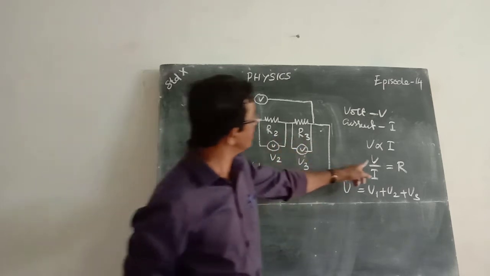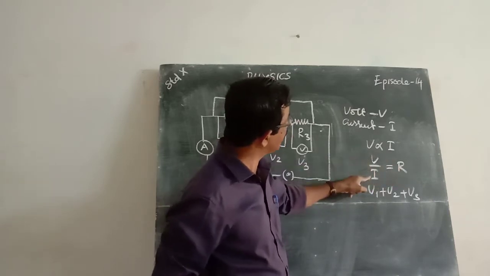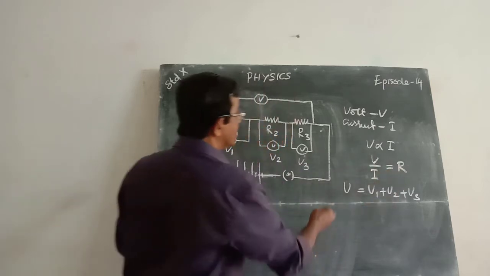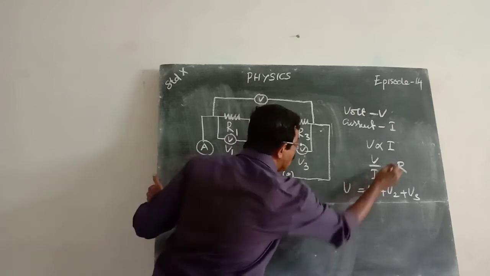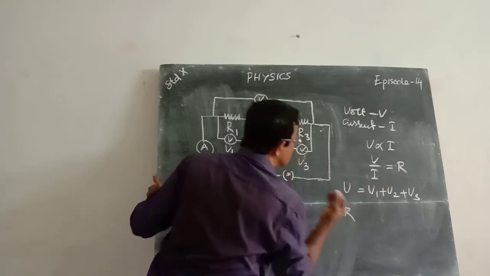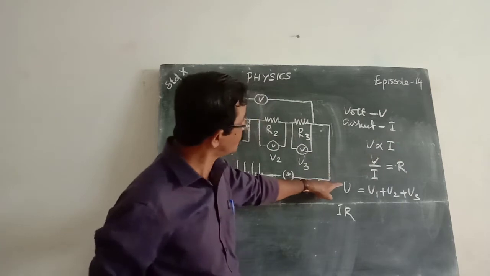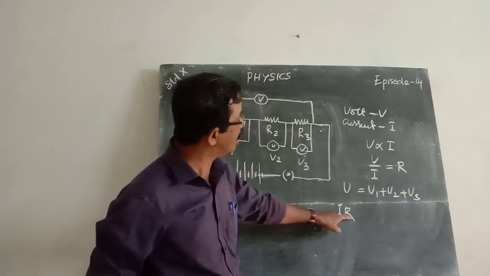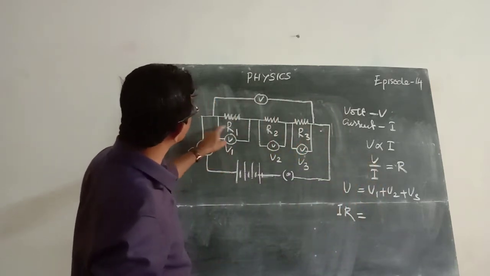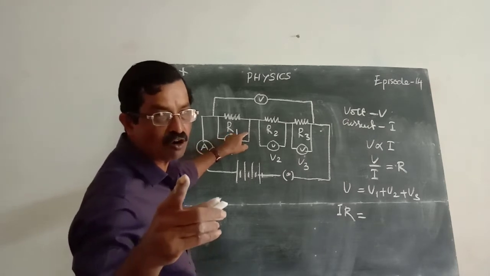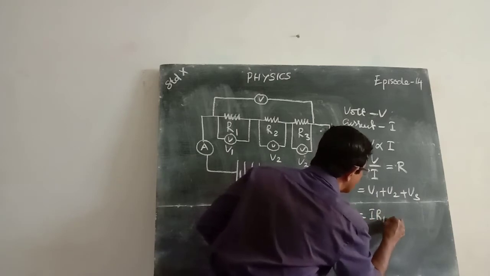Now see, from this relation V by I is equal to R, or V is equal to IR. If we replace this relation, that means instead of V, we give IR. So V1, the potential difference across R1, we know the current through all the resistors here is same, so we can take it as I R1.